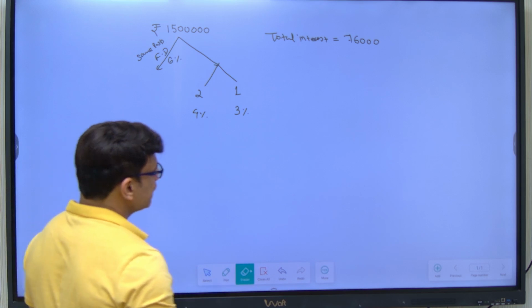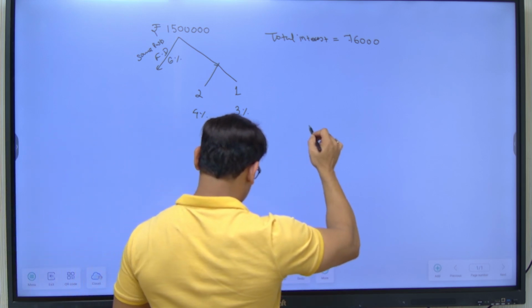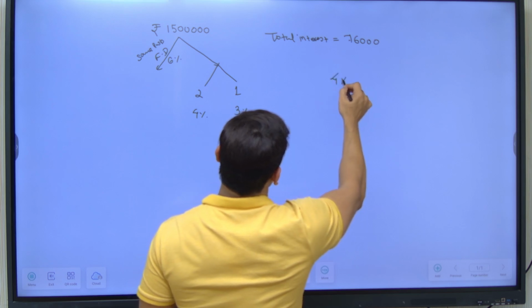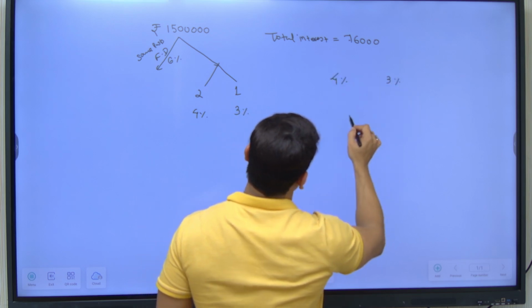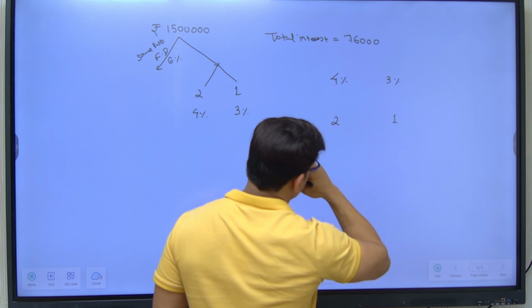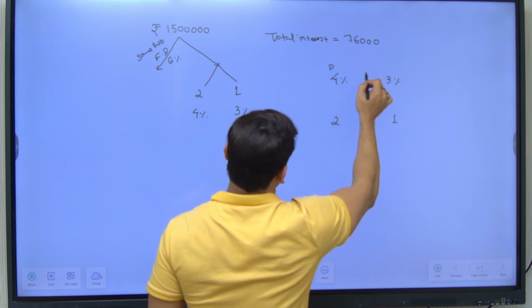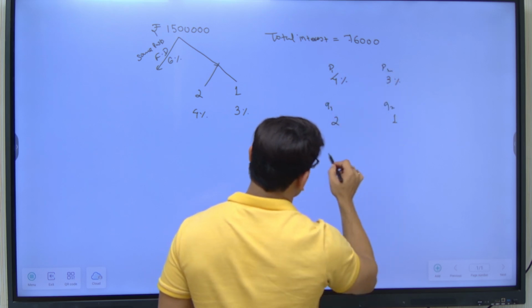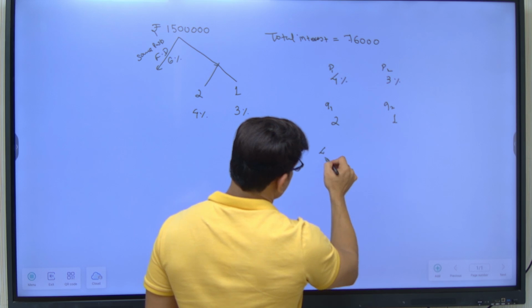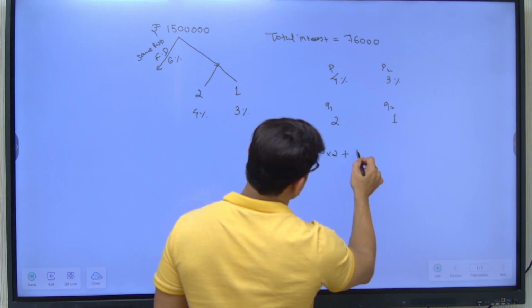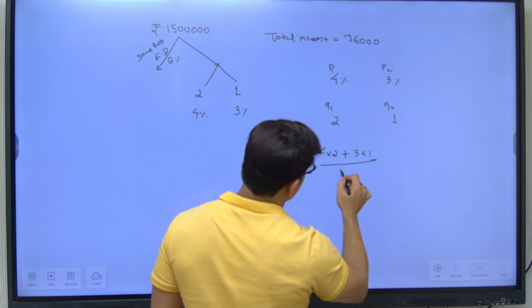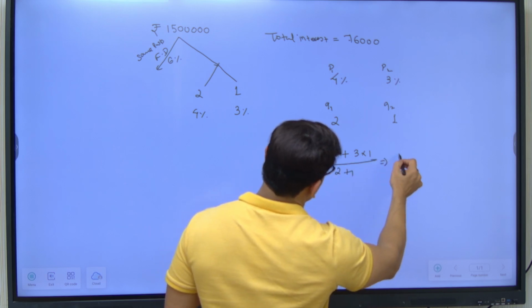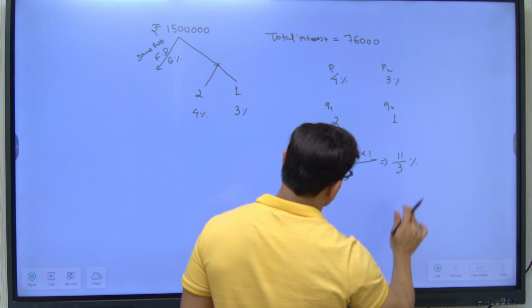So here in this case, I am getting 4% and 3%, right? And 2 part and 1 part of this. So remember, this is P1, this is P2, this is Q1, and this is Q2. So the weighted average, if you have to find out, is 4 into 2 plus 3 into 1 divided by 2 plus 1, which will give you what? 11 by 3%, right?